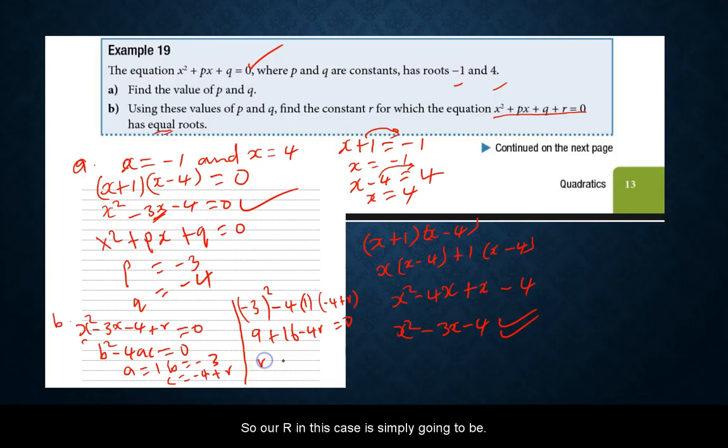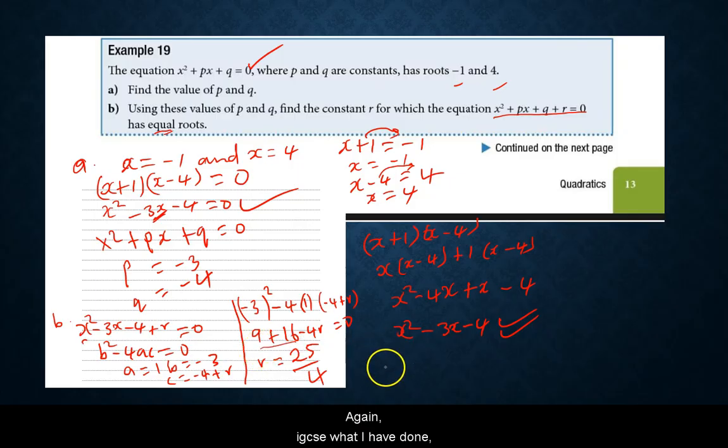So if we solve for r, we take the 4r to the other side: 25, which is 9 plus 16, equals 4r.